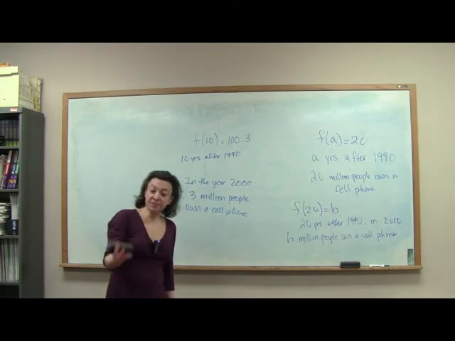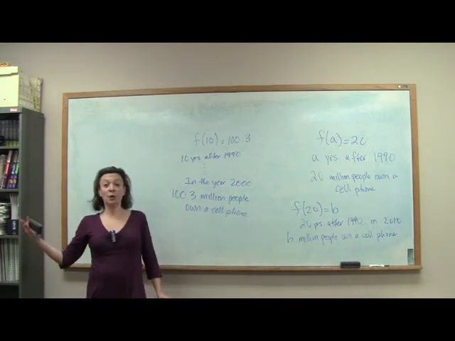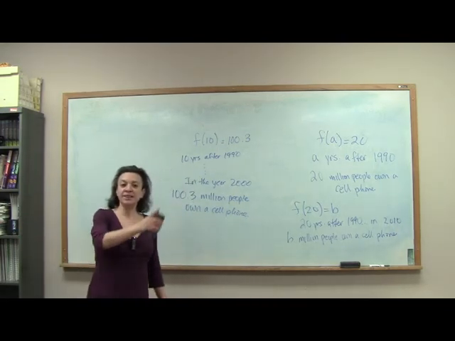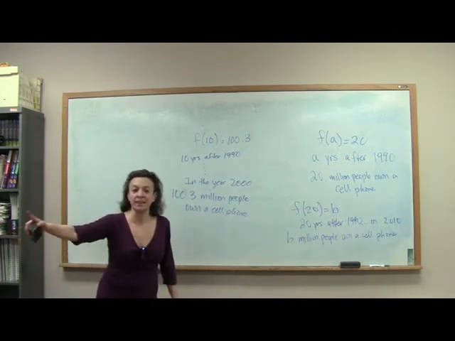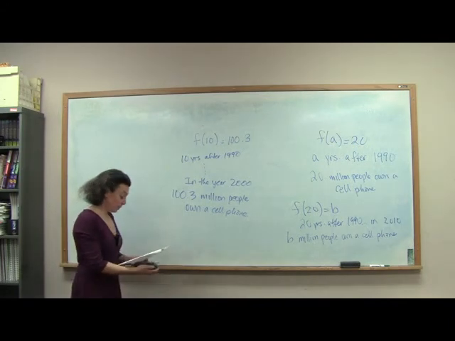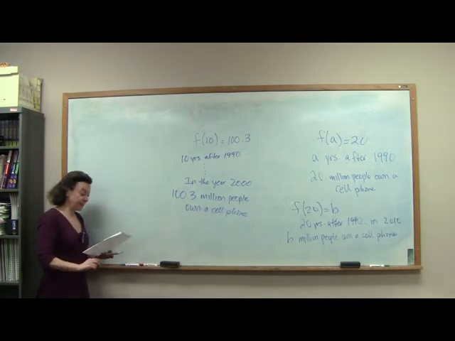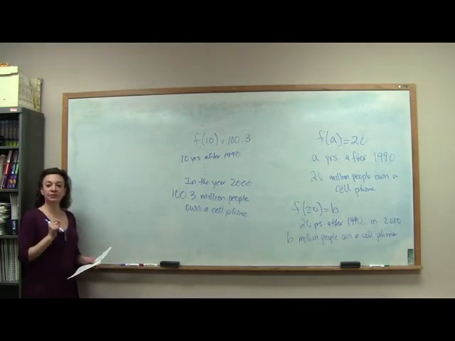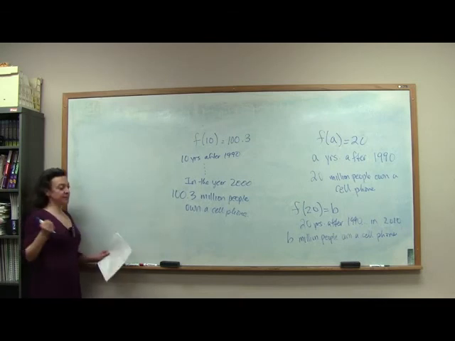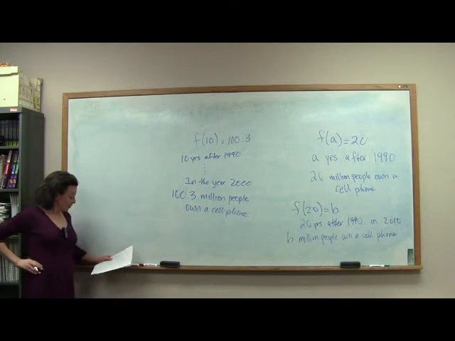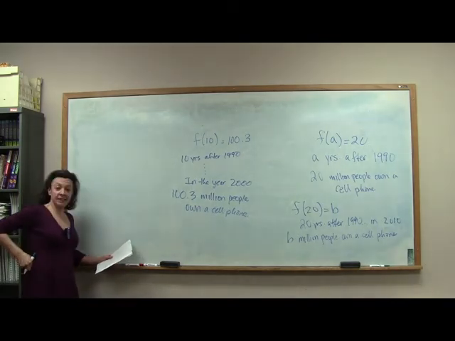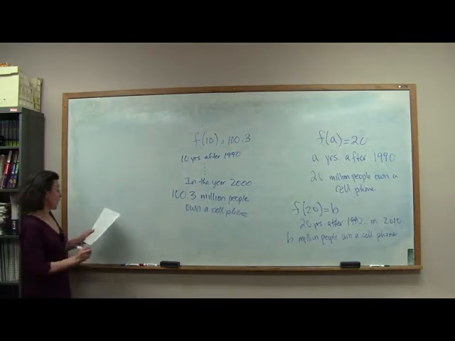Remember, what makes a function different from what we call a relation is that each input can only go to exactly one output. That is the key. Let me show you three different relations, and then we're going to talk about which is a function and which isn't, and then I'll relate it to how you can tell given a graph.